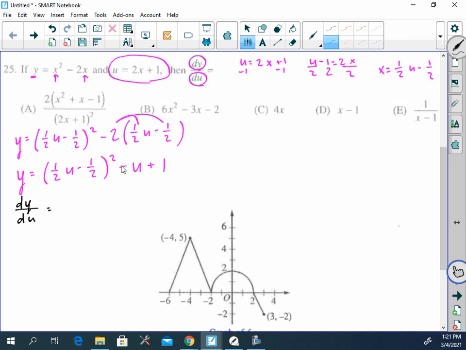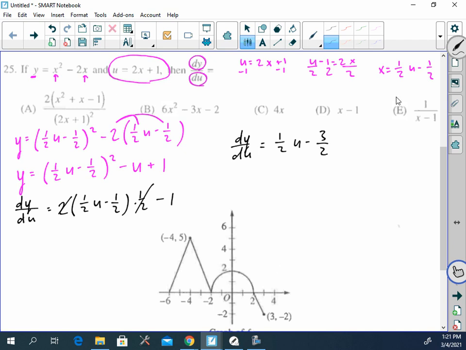I pull the 2 down, I leave the inside alone, it's raised to the first, then I times by the derivative of the inside, which is a half. These will cancel. Then the minus u turns into a minus 1, the plus 1 goes to 0. So all I have left is 1/2 u minus a half minus 1, which is the same as 1/2 u minus 3/2.